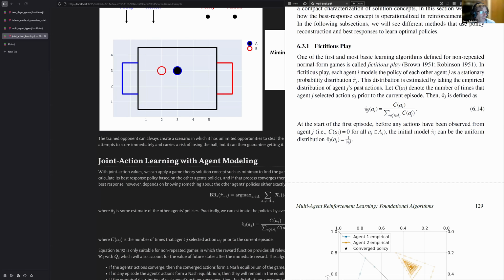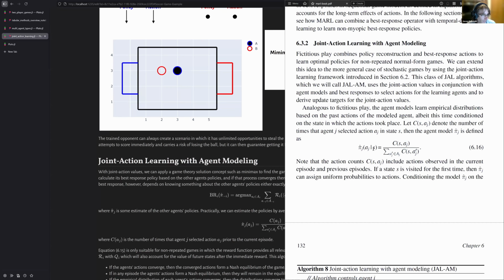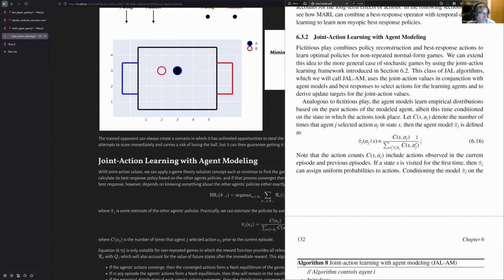Average the count of actions in a given state. This is showing it for a normal form game where there's only one state. But if we look at it right here for a stochastic game, we would have these counts for every state, and then we try to average these estimates.